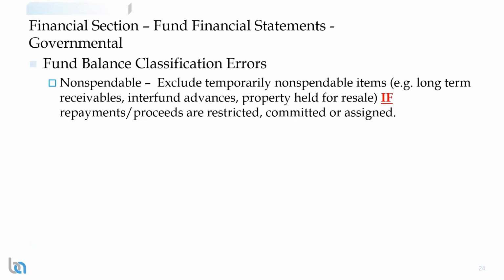All right, just moving on to some fund balance classification issues to consider. So non-spendable accounts for any items that are not really that easily convertible to cash. So usually long-term receivables, property held for resale, which that one is a question mark now.